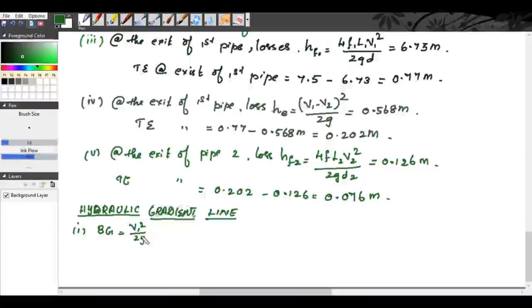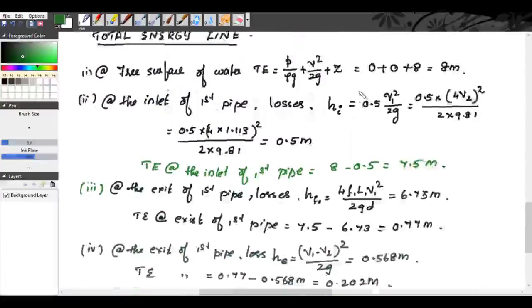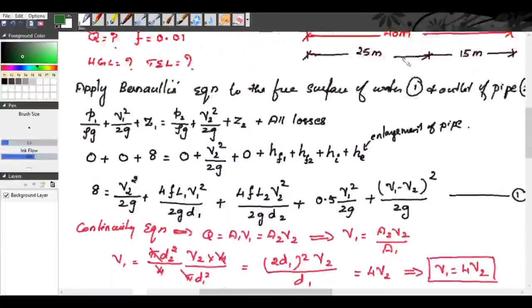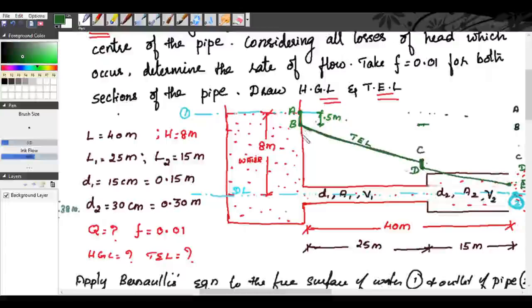We will find the velocity head V1 square by 2g. Substitute the values, we will get V1 square by 2g as 1 meter. So subtract this 1 meter from this point B so that we will get this point. So this distance is 1 meter, that is the velocity head.